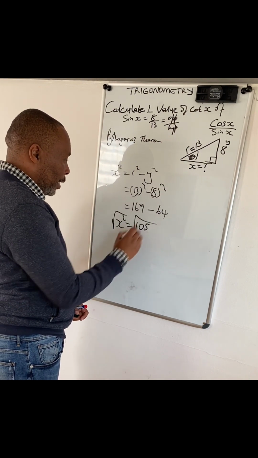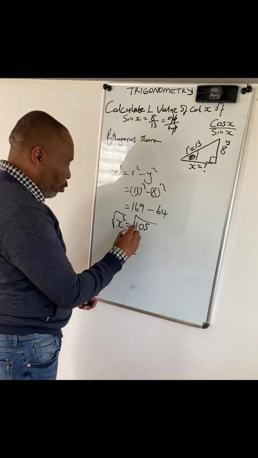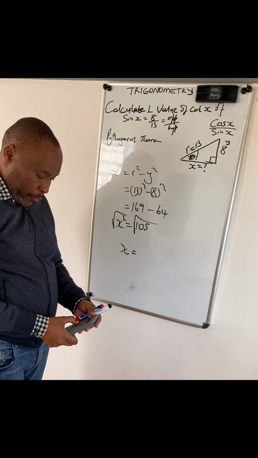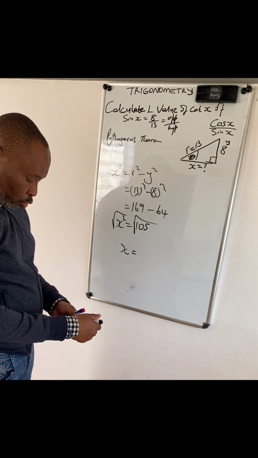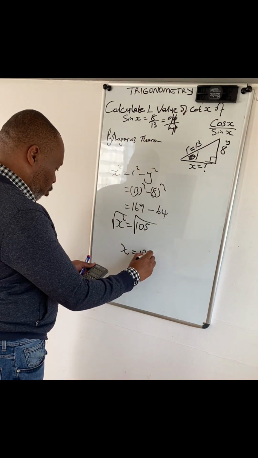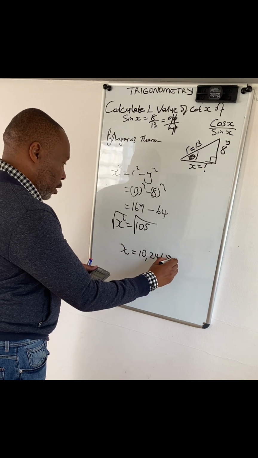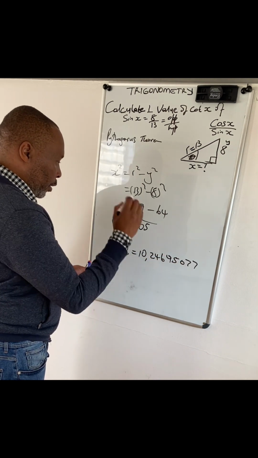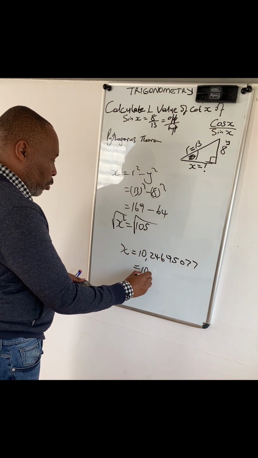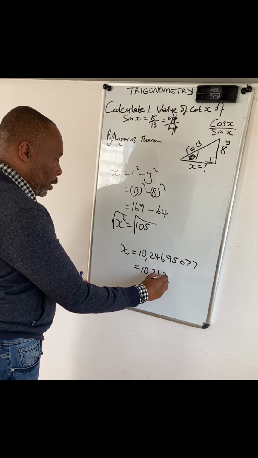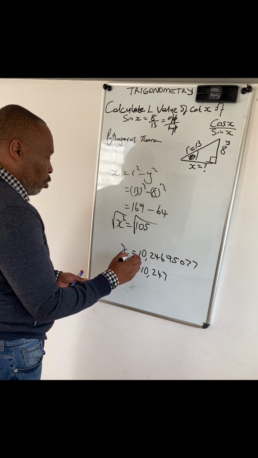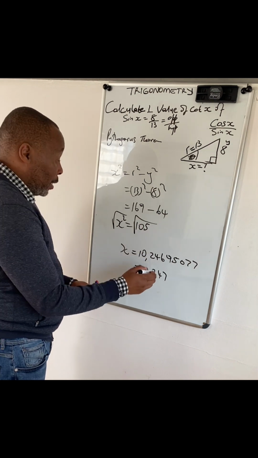We put a square root this side, a square root this side. We've got x is equal to the square root of 105, which is 10.2469507. Usually we leave it at 3 decimal places, which is 10.247, because the next digit is 9, which rounds this one up.